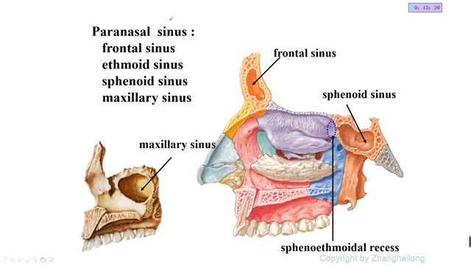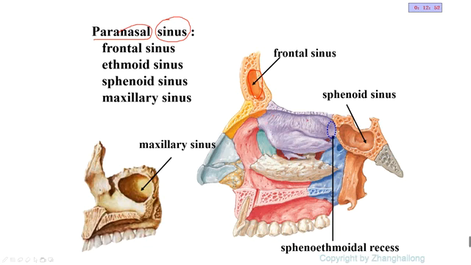Now I will introduce the sinuses. Because all these sinuses are around the nasal cavity, the name is paranasal sinuses. It means beside the nasal cavity, there are four different sinuses. First one, the frontal sinuses, here in the frontal bone and under the eyebrow arch. Second one, the ethmoid sinuses. They are in the ethmoid bone.